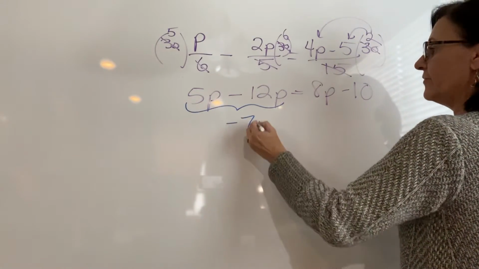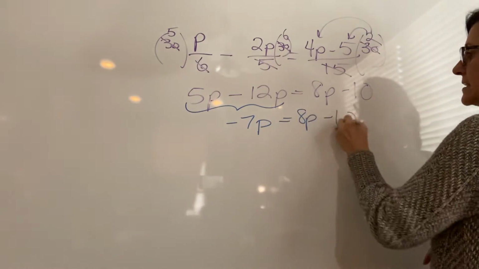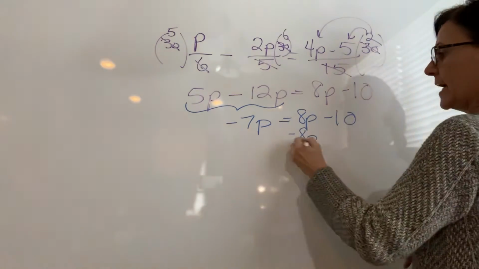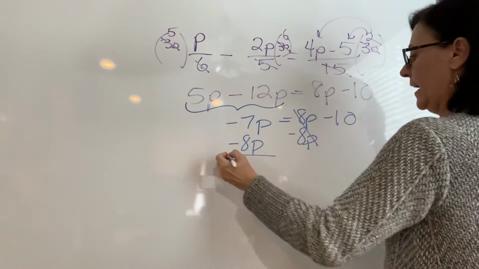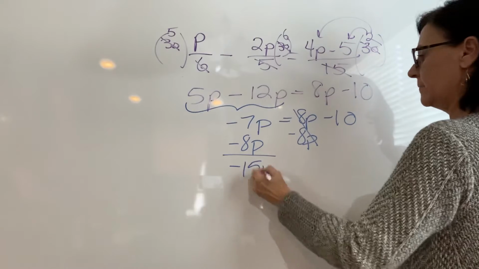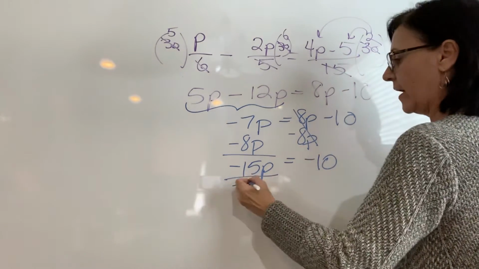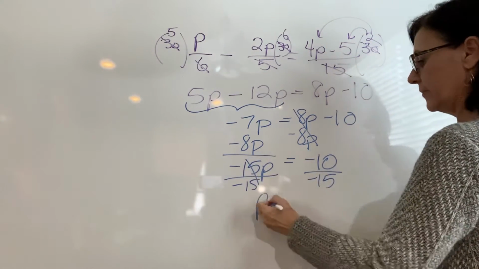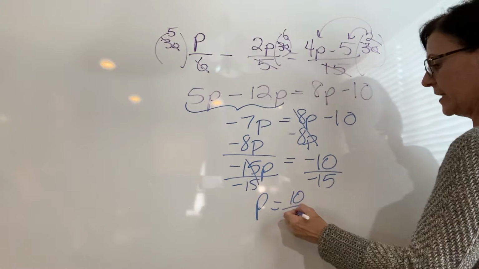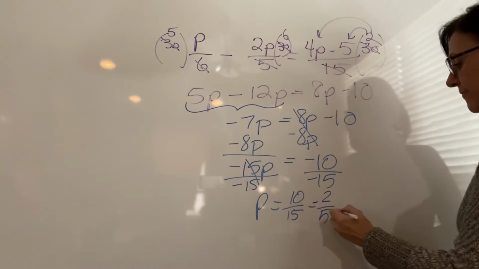That's negative 7p equals 8p minus 10. Now I'll subtract 8p from both sides, and that's negative 15p equals negative 10. I divide both sides by that negative 15, and the value of p is 10 over 15, which can be simplified to 2/5.